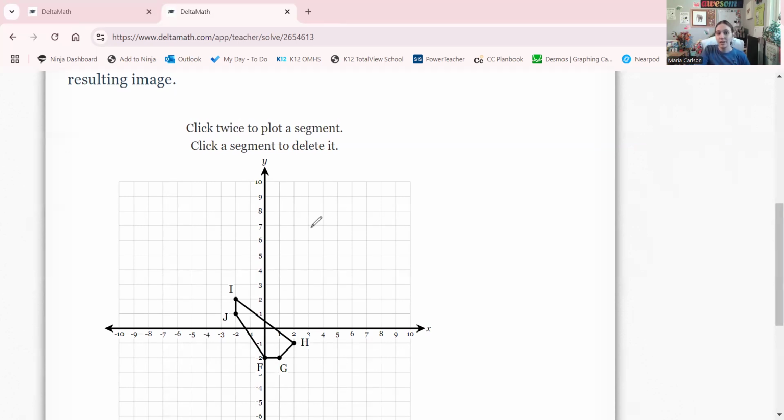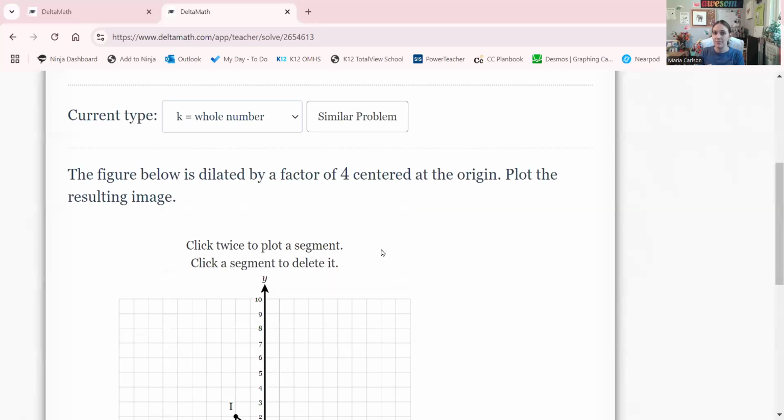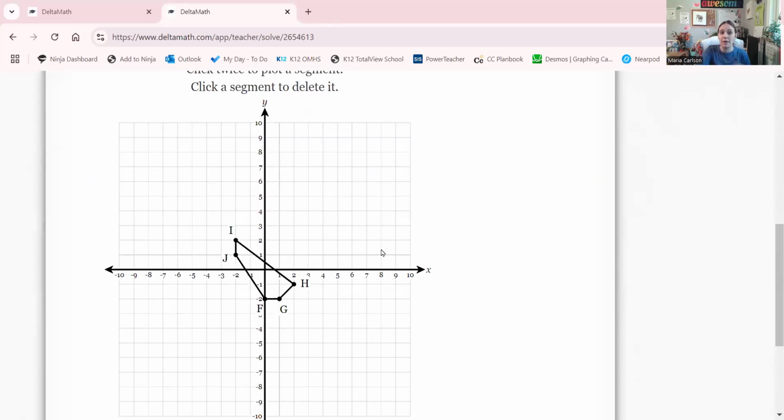When you dilate about the origin by a factor of 4, that means each one of these points, you will multiply the x value and the y value by 4.